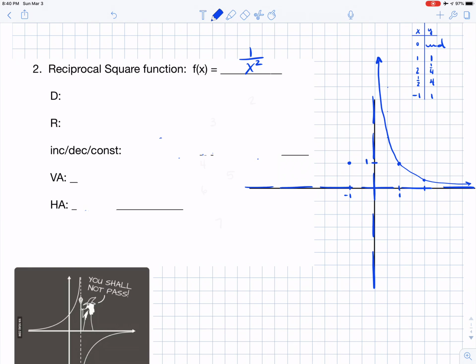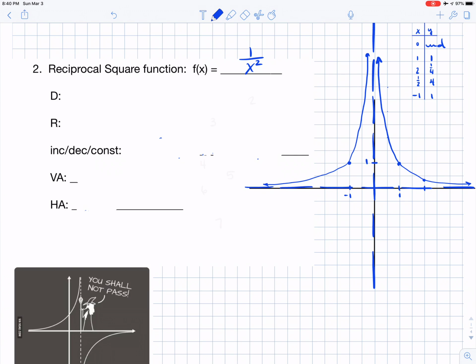And what happens is this particular graph is going to cause a mirror image around the y-axis. It is symmetric. We've used that term before, symmetric, about the y-axis. And so this is the parent function for the reciprocal square function.